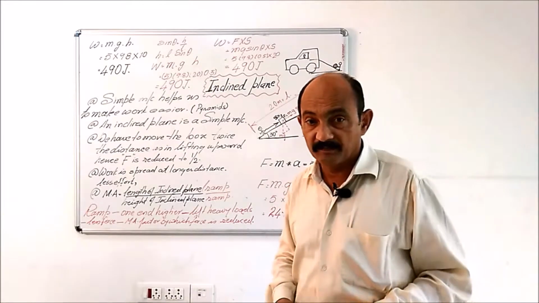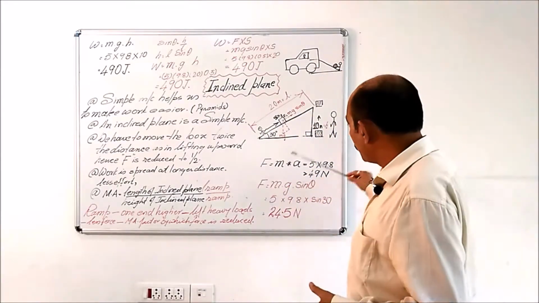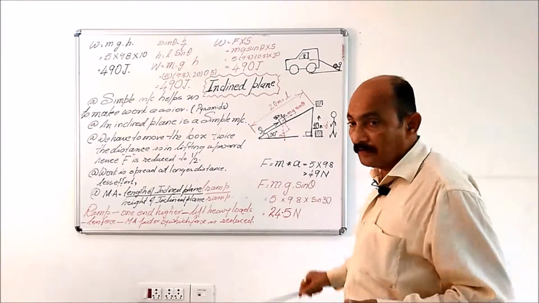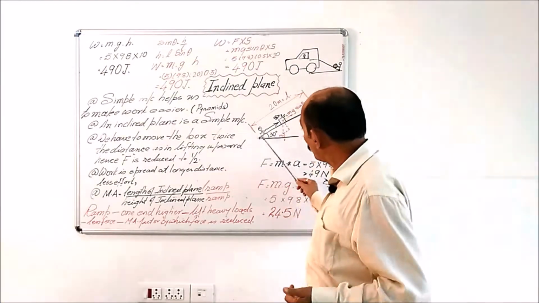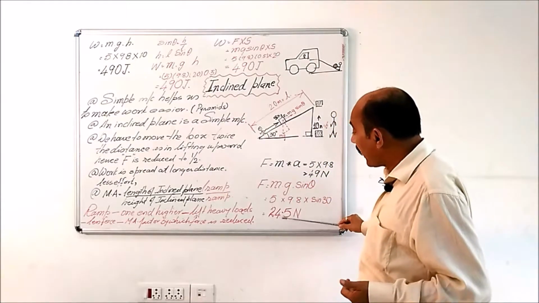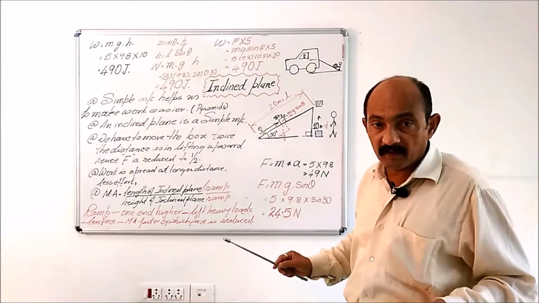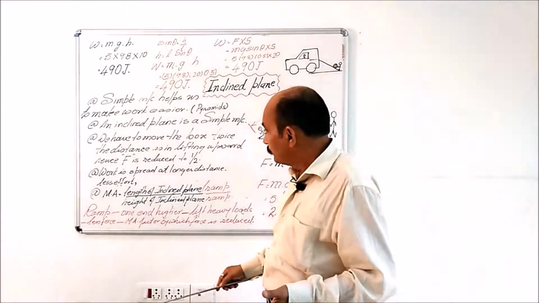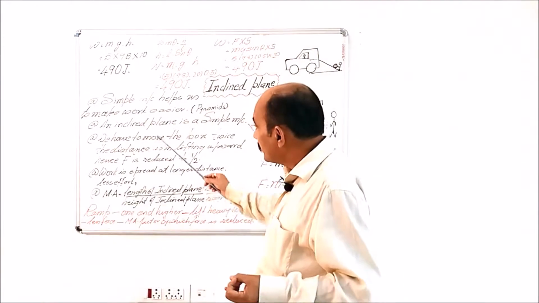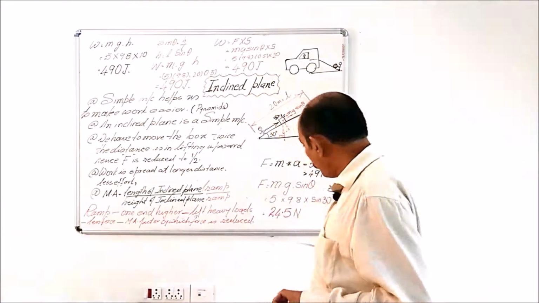Now, what can you say? If we are lifting the load vertically, we require a force of 49 Newton. The same load, if we are lifting it on a ramp, we will require half the force. So, now, as we have seen, inclined plane is a simple machine. What can you see from this calculation?